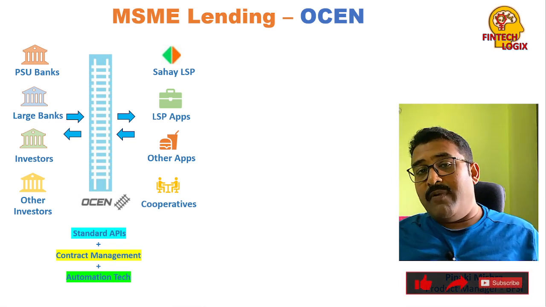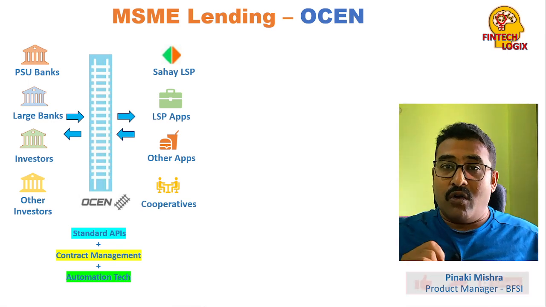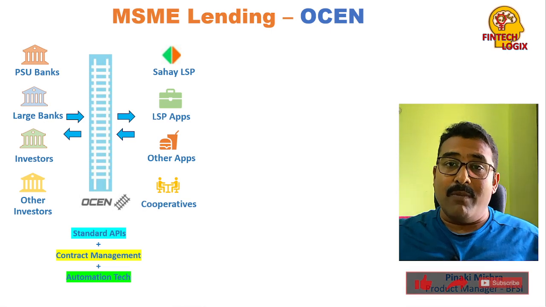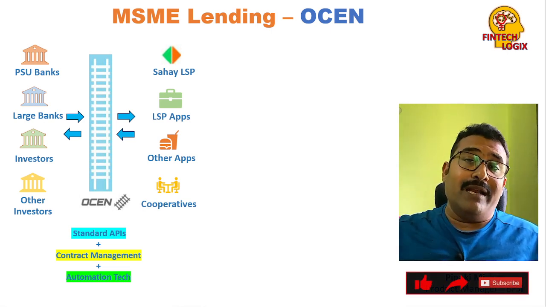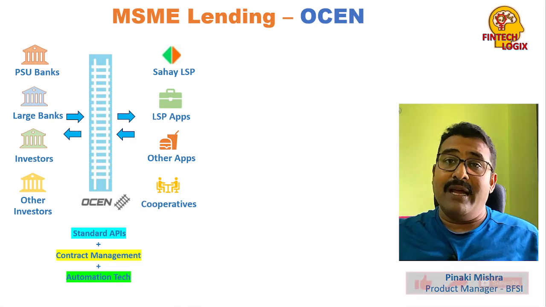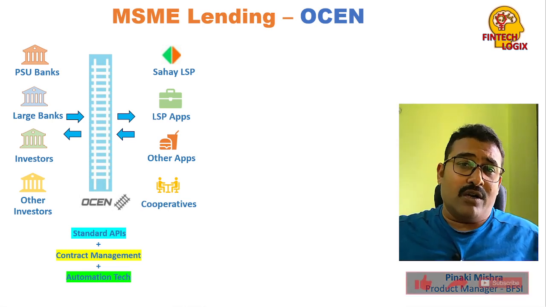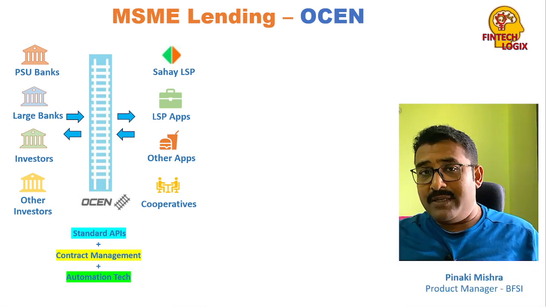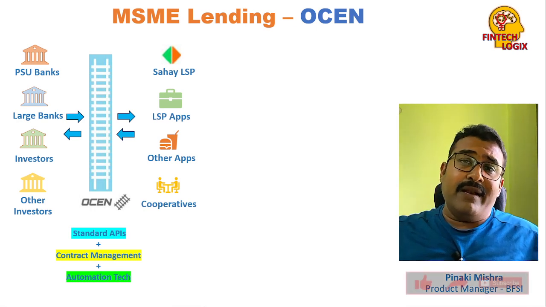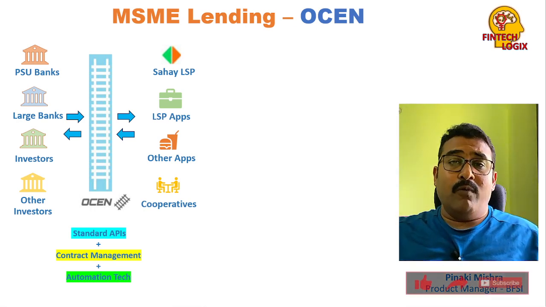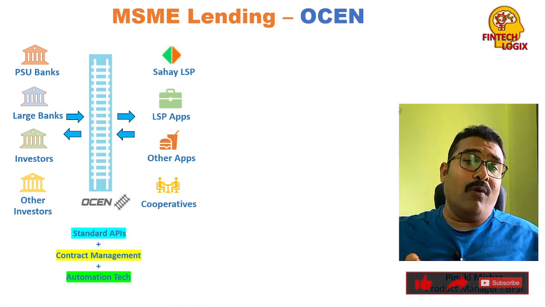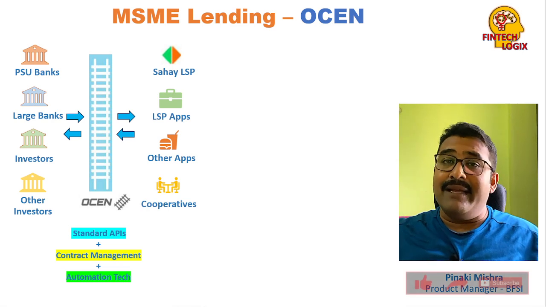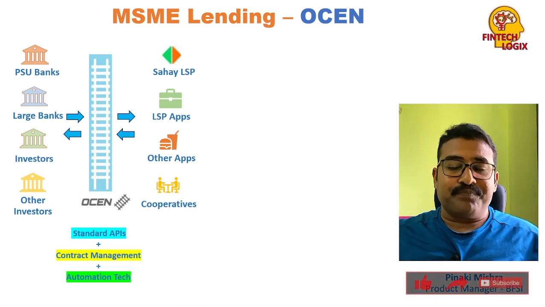It would also provide a framework for contract management between these two parties, whether the contract is in the form of lenders or just beneficiary providers or service providers of loans or any other arrangement. OCEN will provide support for that. And even automation technology where underwriting and the workflows can be automated to bring down the turnaround time and increase the quality of the loans.